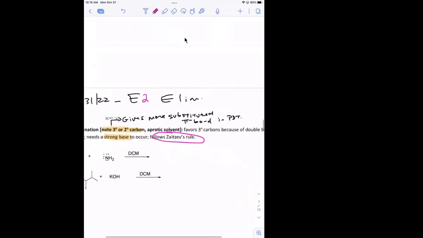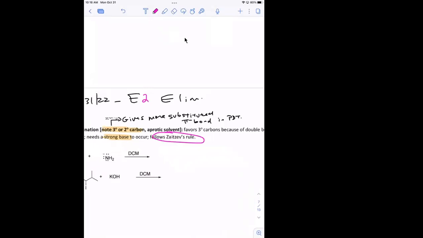What does that 2 mean in E2? What did it mean in SN2? Bimolecular, right? It doesn't change.